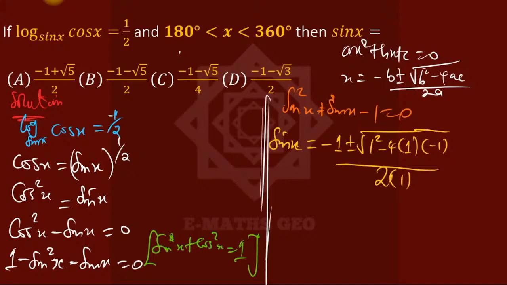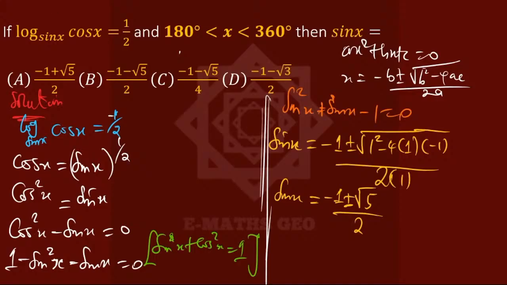So sine x equals minus 1 plus or minus the square root of 5, since 4 plus 1 is 5, over 2. Looking at the answer, we need to be careful here.